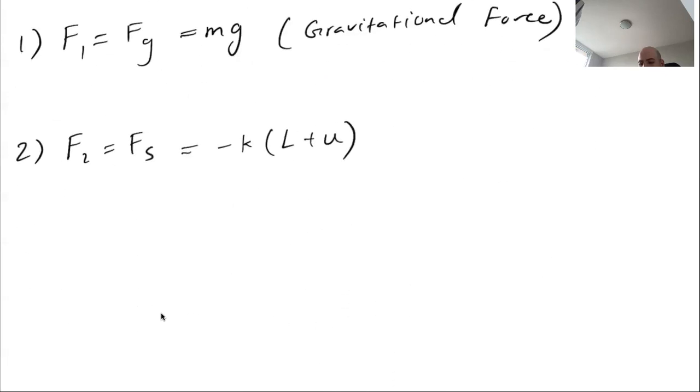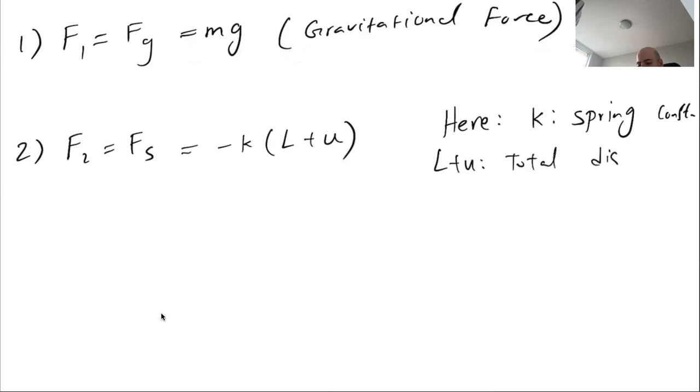So let me write down here that k is the spring constant, L plus u is the total displacement, and minus is because the force is applied in the upward direction.